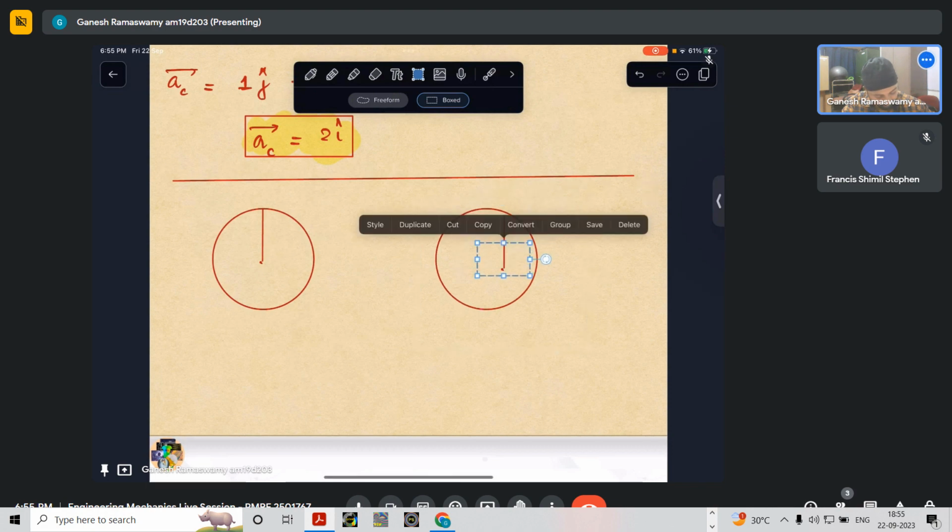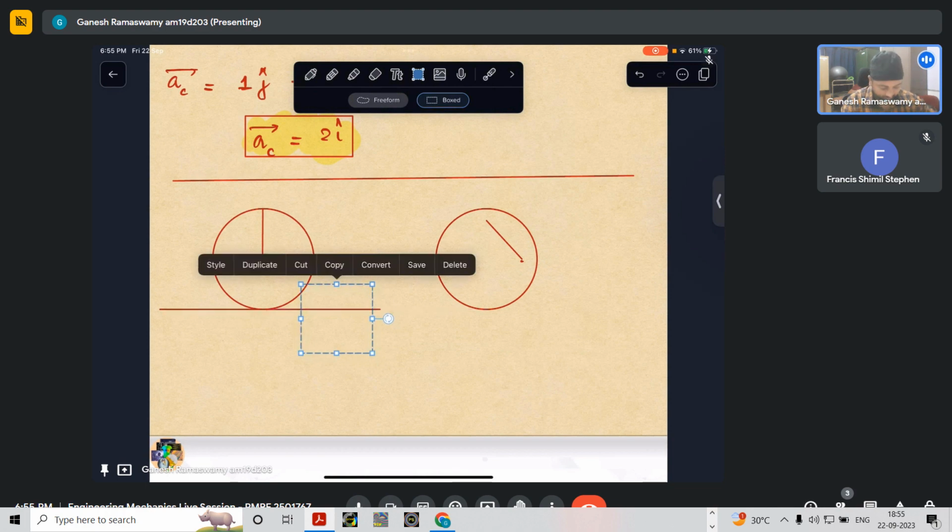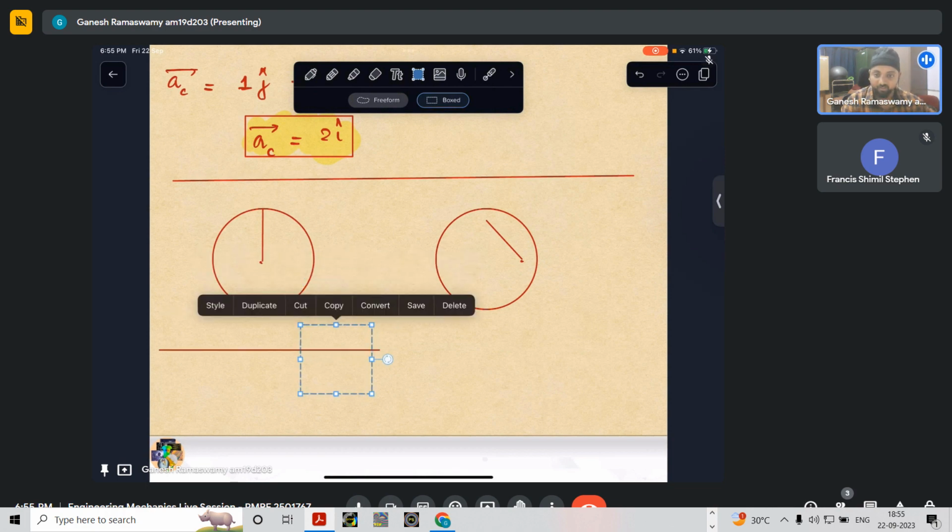Now the other is this line somewhere else. Now when I observe it from the fixed frame, let us say this is my, not to be confused with rolling. I'm just saying it is rotating, and let this be the fixed frame. Let me put it here, not touch it.